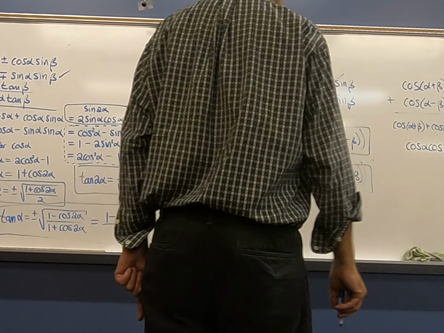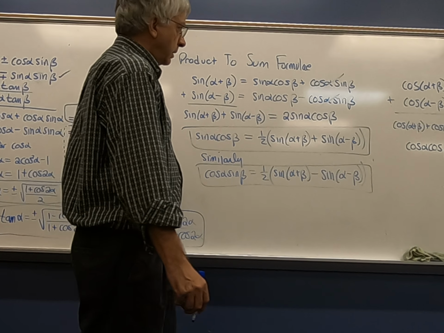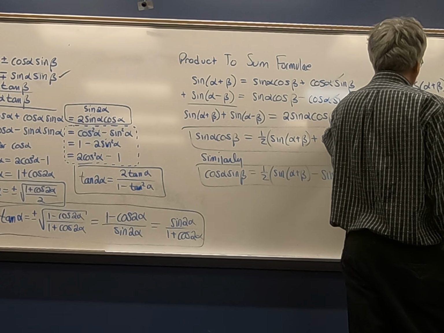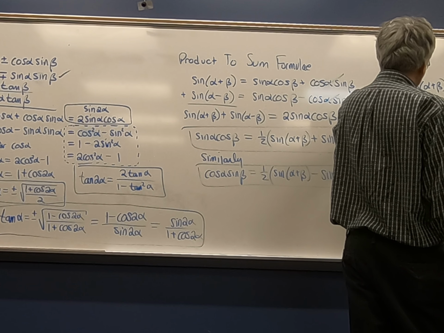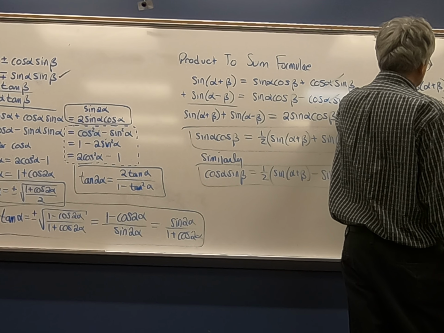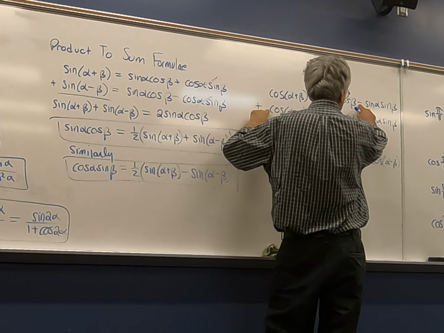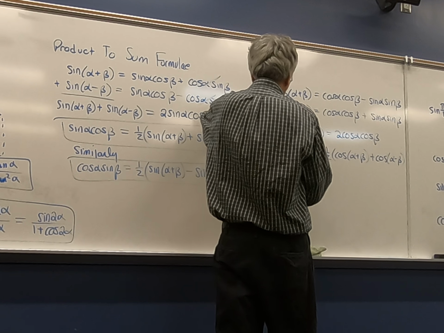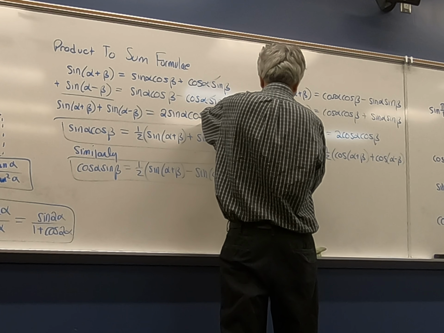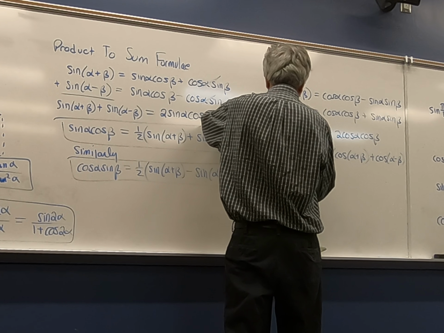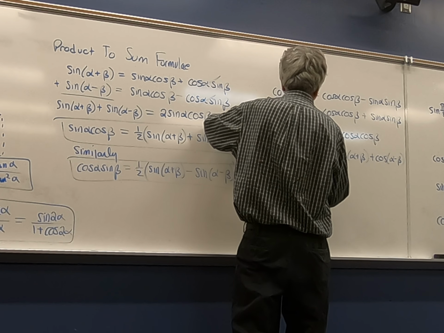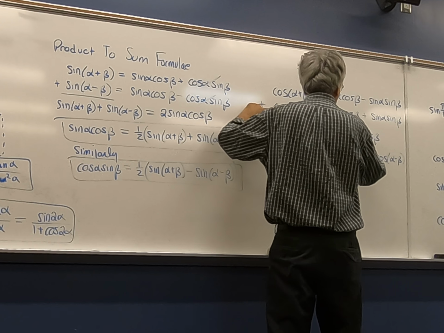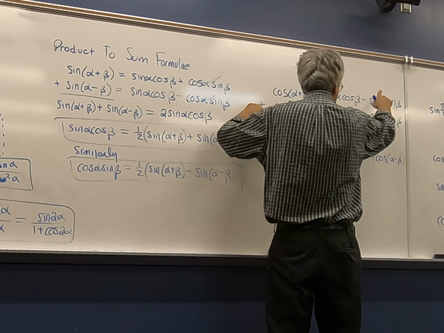So if instead of adding the second to the first, I subtract the first from the second. I say that because I want to subtract a negative to get a positive, right? So if I go cosine alpha minus beta, that's the second, and I subtract from that cosine alpha plus beta, the cosine terms cancel out and the sine terms double up, right?